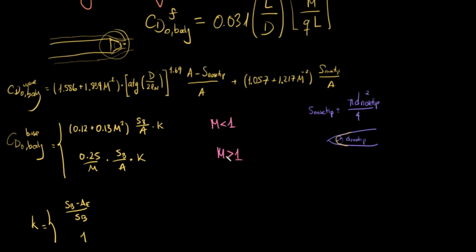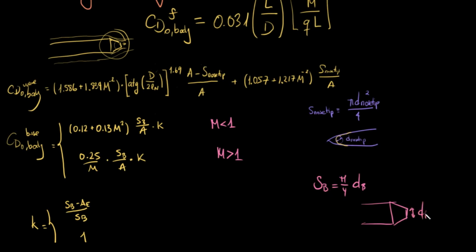And for supersonic, we have this expression: this Mach number, reference area, K, and the area of the boat tail. The area of the boat tail is simply defined as you can imagine, and the diameter of the boat tail is simply the diameter at which the boat tail ends.